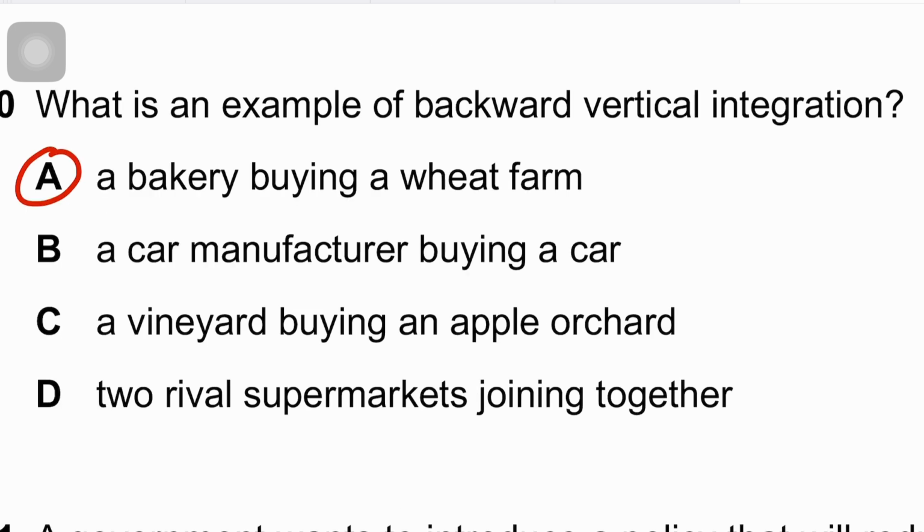Although a vineyard and an apple orchard could both be considered agricultural farms, they are growing different things, and a vineyard is not using apples as an input for wine production, right? A vineyard grows grapes to make wine, while an apple orchard is an apple farm. So a vineyard buying an apple orchard is an example of diversification.